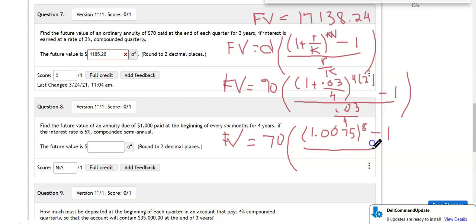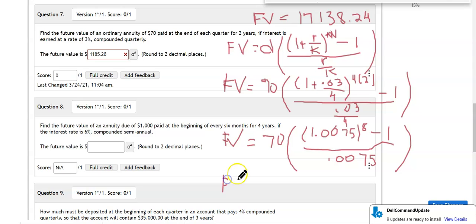And then on the bottom, we can take a shortcut because 0.03 over 4 will always be this part right here, without the 1 being added, so it's 0.0075. Now in my calculator, I'm going to put 1.0075 to the 8th, and I'll subtract 1 all in my calculator at once.